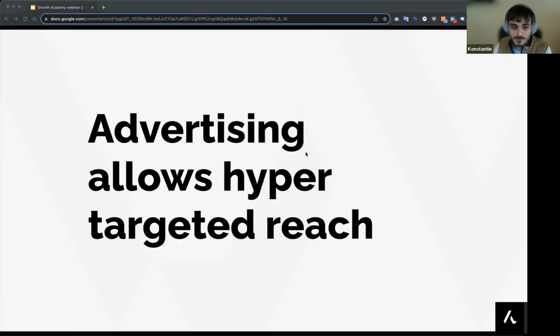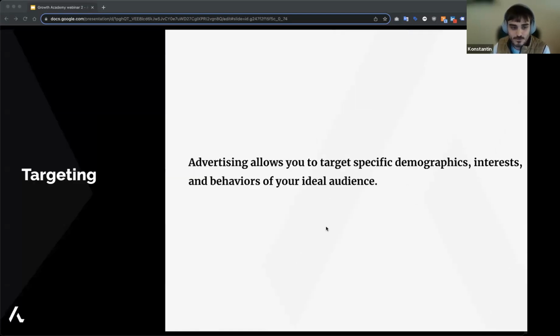So now that we know the foundation, which is tracking and measurement, the next step is targeting and reaching the right people that we want to target with our advertising. So targeting advertising allows you to target specific demographics, interests, and behaviors of your ideal audience.